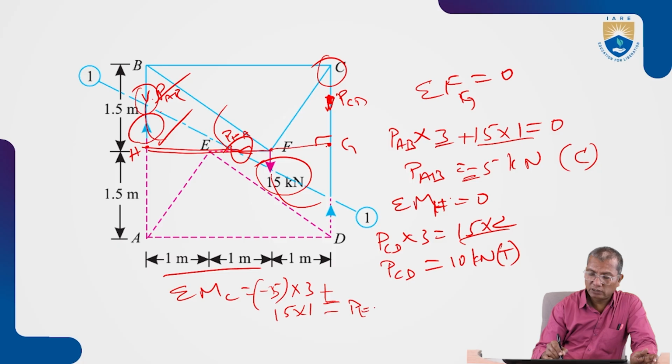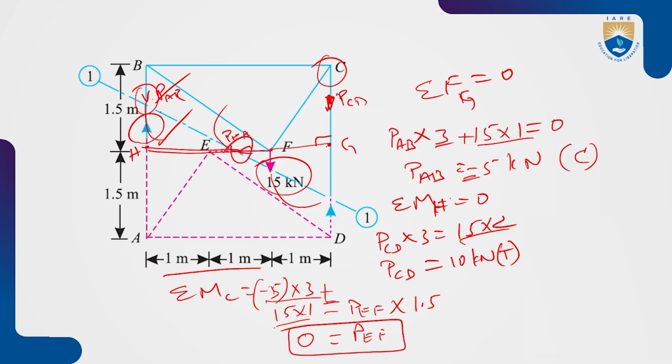So minus 15 plus 15 is 0. Finally, you get PEF equal to 0.